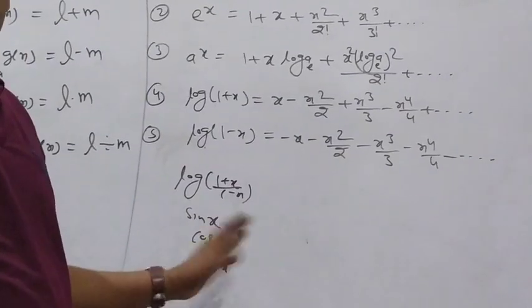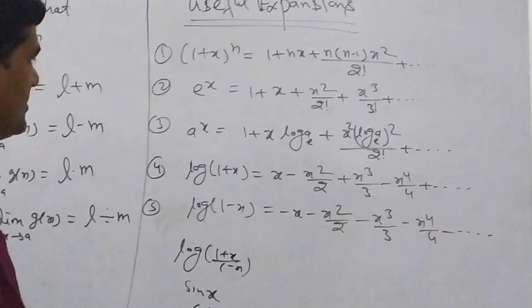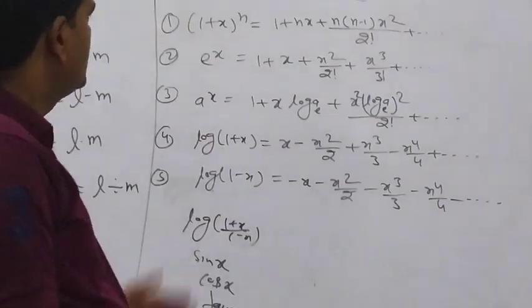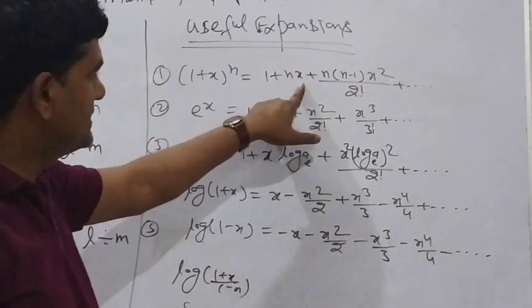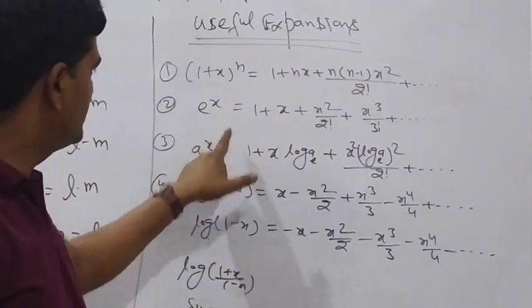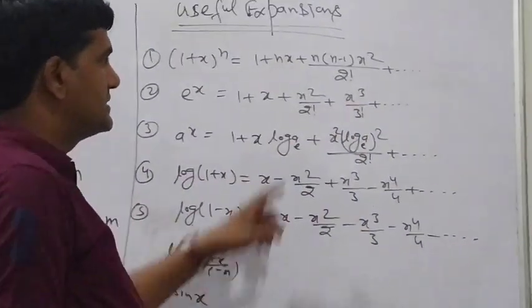But if it is required according to the question, at that time I will tell you. How much importance, how much is required for you, you can note down here. Once more: 1 plus x power n, 1 plus nx plus n, this one, second formula, third, next and last one here. And you may be wondering about this symbol, factorial.